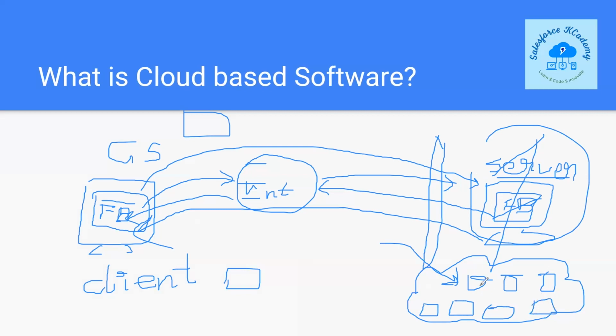In these servers, there will be a number of services, like Facebook service 1, Facebook service 2. So like this, there will be a number of services running continuously. Whatever the number of clients, whether 1, 2 or 100, they can access any of the services running on any of the servers.